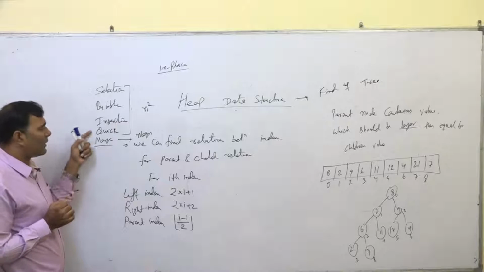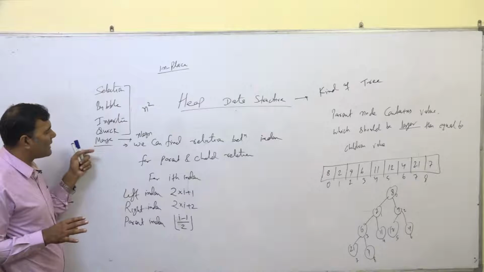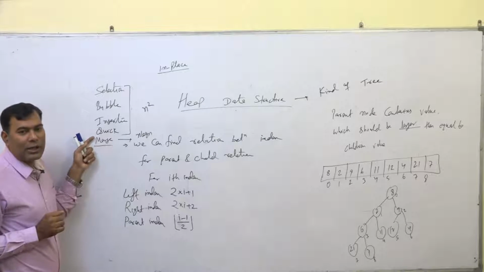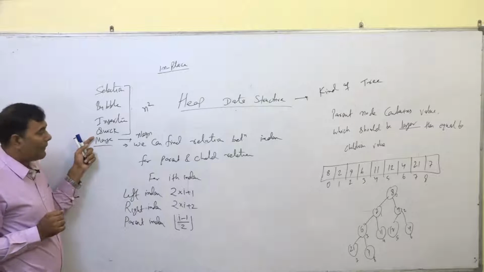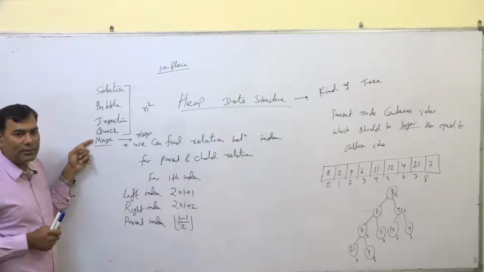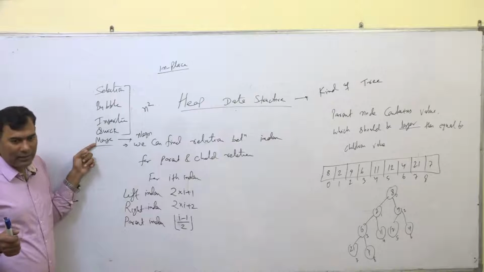Both are recursion, no problem. Both may take some space, no problem. But merge sort takes theta n space, and quick sort does not take more space. Then in worst case, time complexity of these two are what? It is n square and it is n log n.